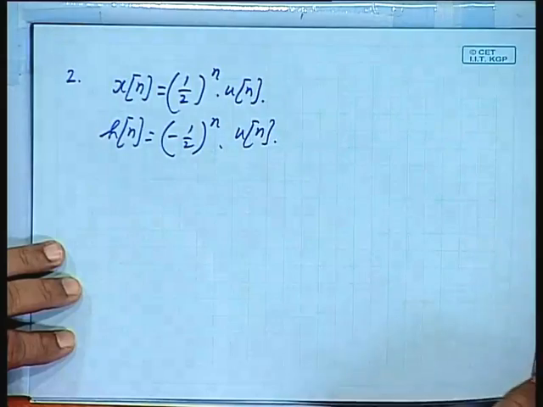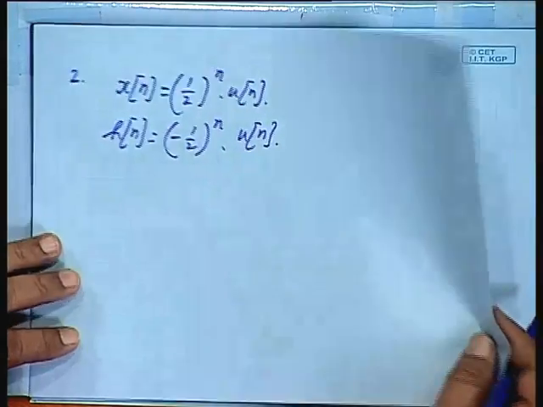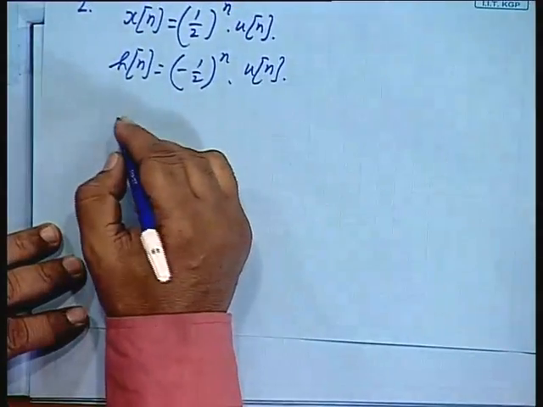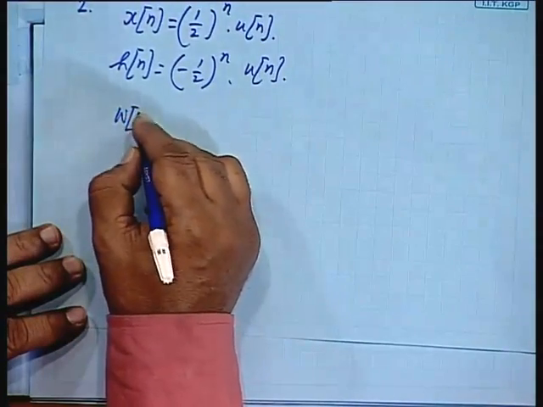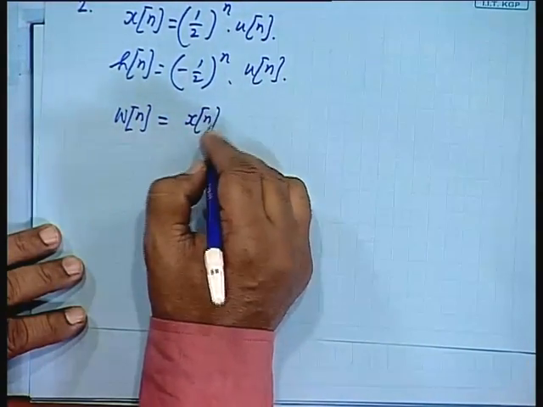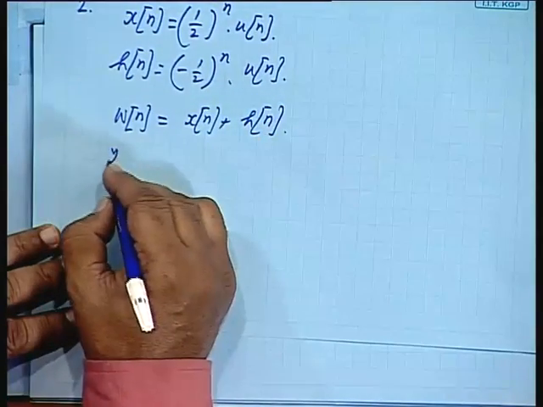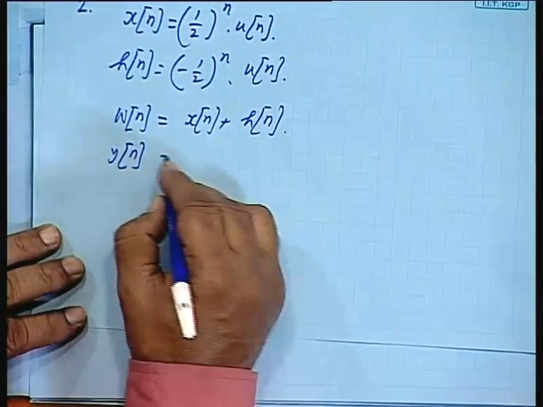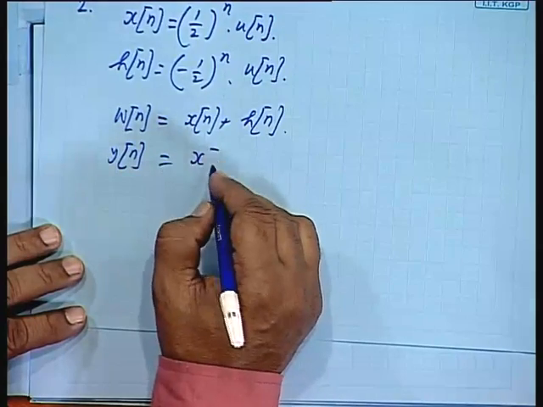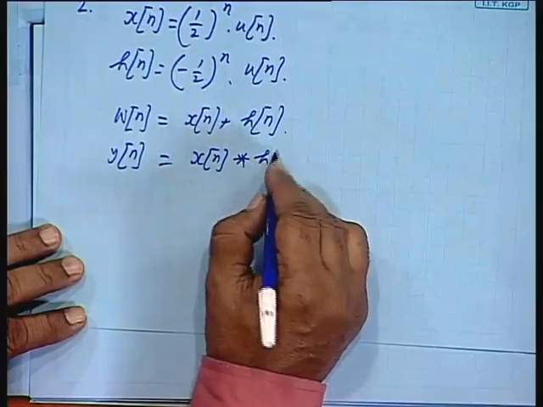So, you are required to find out the output w[n] corresponding to x[n] plus h[n], and also the output y[n] when x[n] is convolved with h[n].